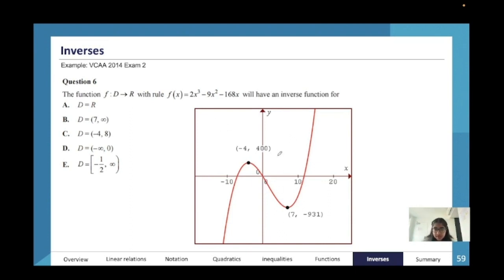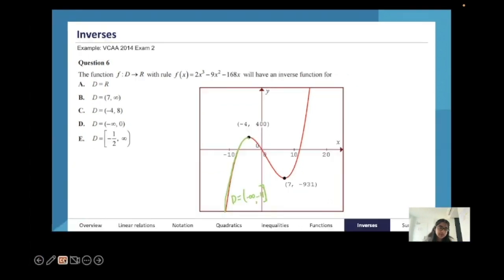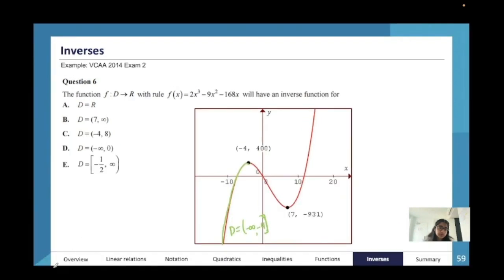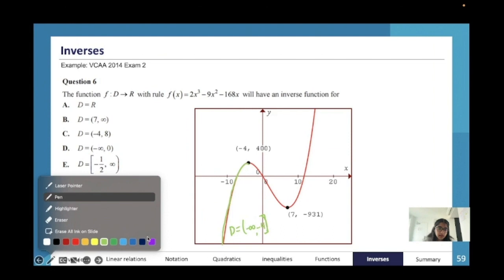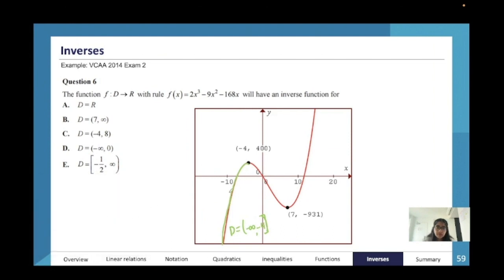So what you have to do here is see when the function is 1-to-1. You have 3 scenarios. First scenario, from here to here, a 1-to-1 function can exist. So you've got d equals negative infinity to negative 4, and we can include 4. Our second scenario is maybe from here to here.